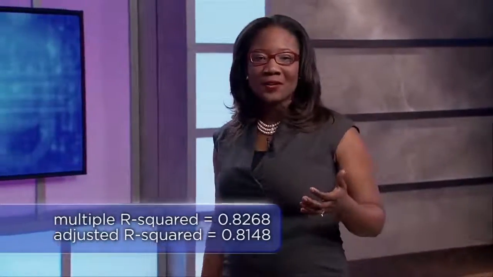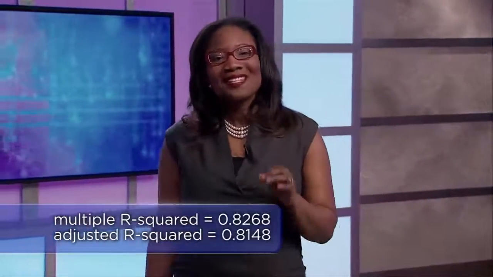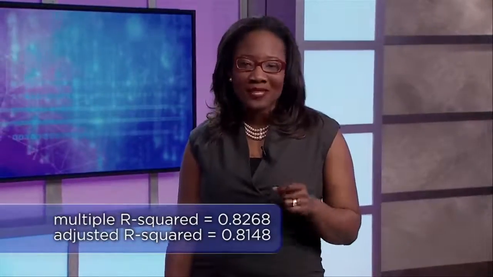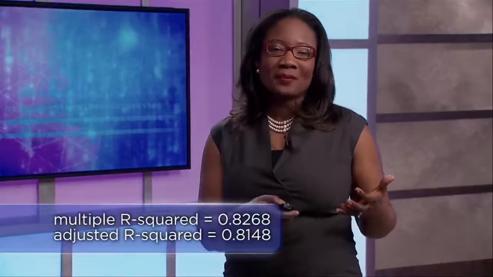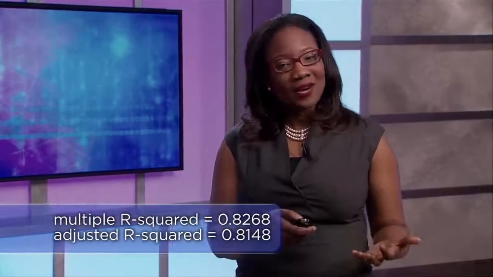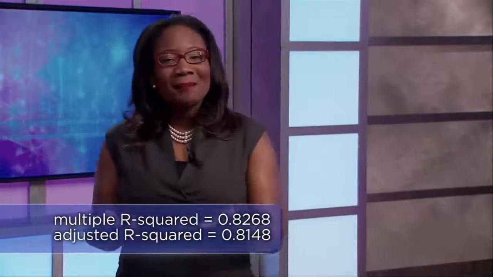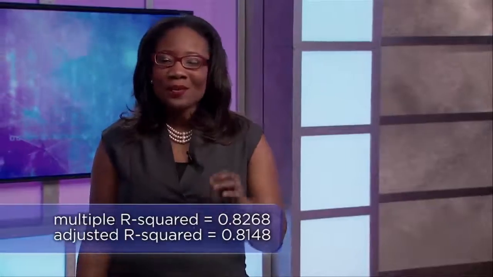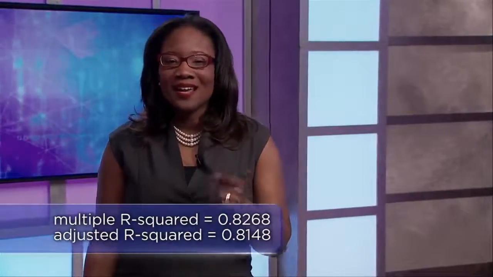This model gives us a multiple R-squared value of 0.82 and an adjusted R-squared value of approximately 0.81, meaning 81.48% of the variation in y can be explained by a linear regression model with horsepower and weight. Now, it's hard to imagine improving on this model.